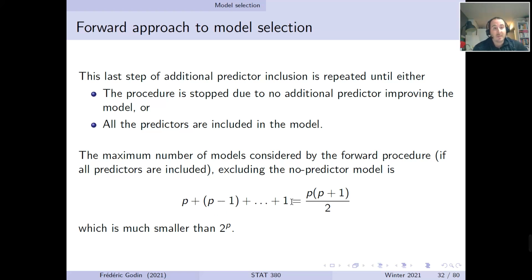This is an arithmetic sum, which gives p times (p plus 1) divided by 2.